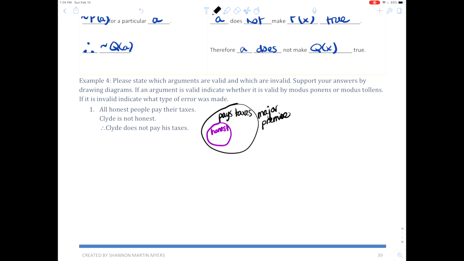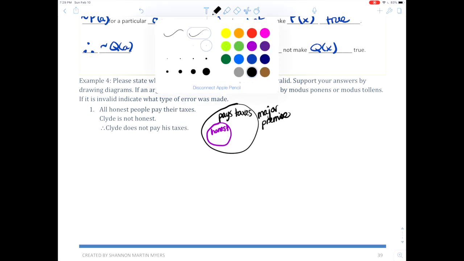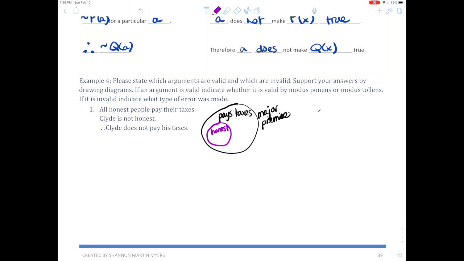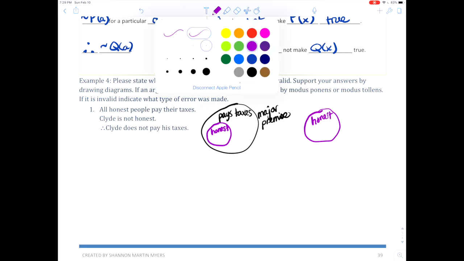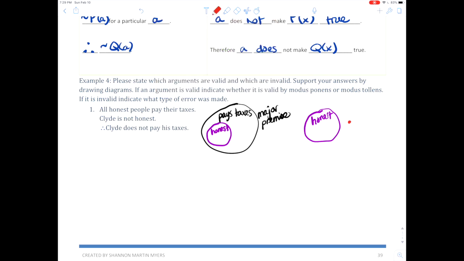All right, Clyde is not honest, so this is our minor premise. So here we have honest, and Clyde is outside of honest. I picked Clyde because of Bonnie and Clyde, the bank robbers, right? So that one, of course, is our minor premise.